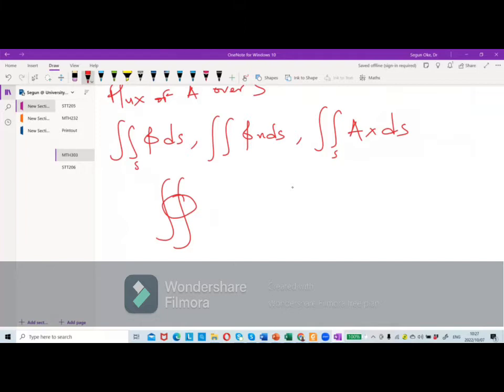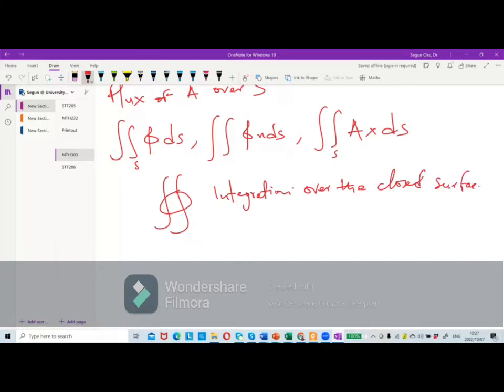It indicates integration over the closed surface S.